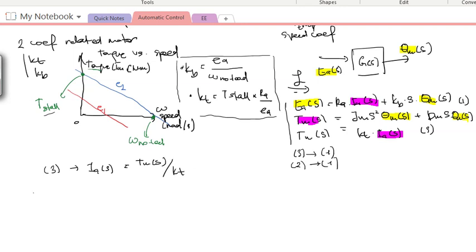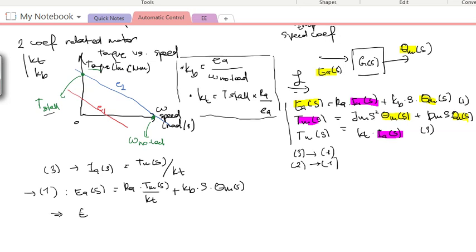So replacing 3 into 1, EAS equals RA multiplied by TMS over KT plus KBS theta MS. Then we replace Tm with equation number 2.